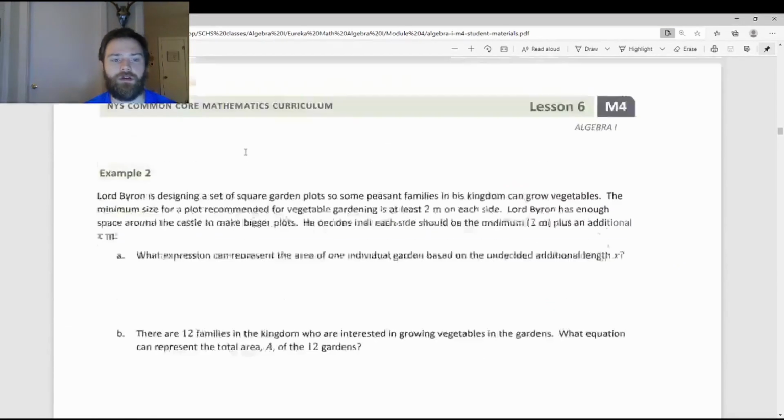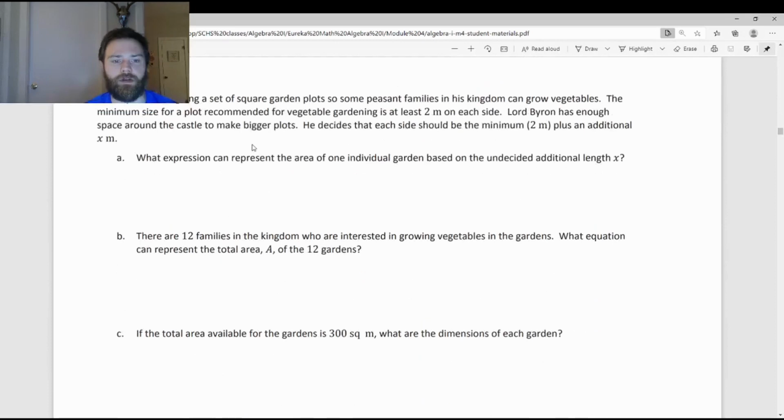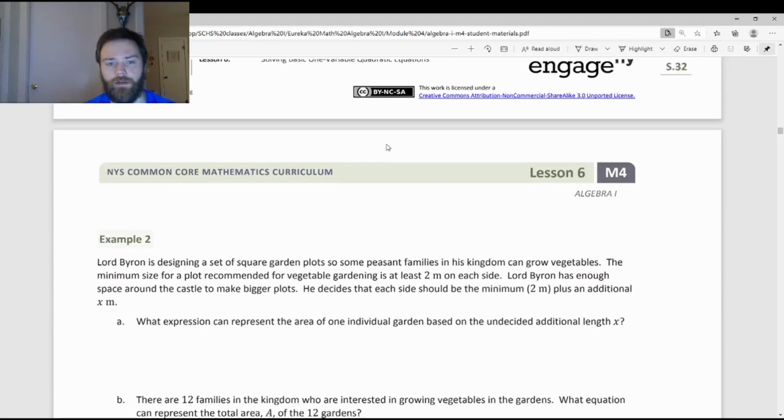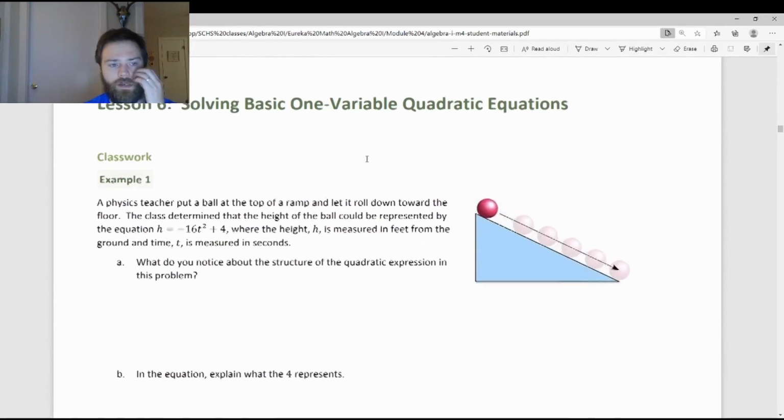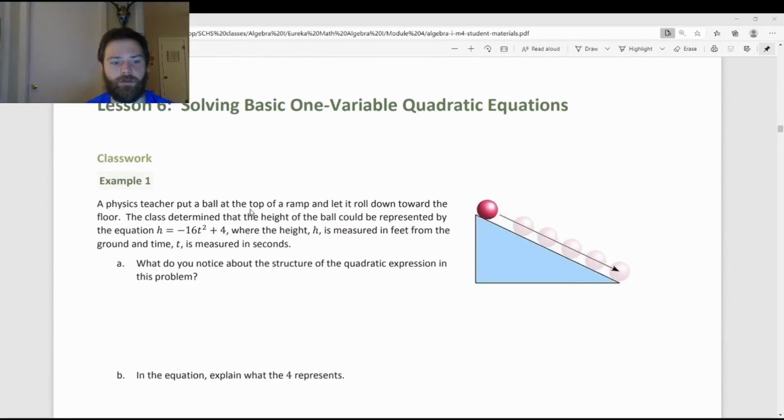And then up here, same thing. I can't have a negative side length. So you were thinking about the domain here. I can't plug in negative numbers for length or area. And then up here, same thing with time. Time can't be negative, and then probably height can't be negative unless there's a hole here. If there's a hole here, you're fine. If there's not a hole there, you're not fine.